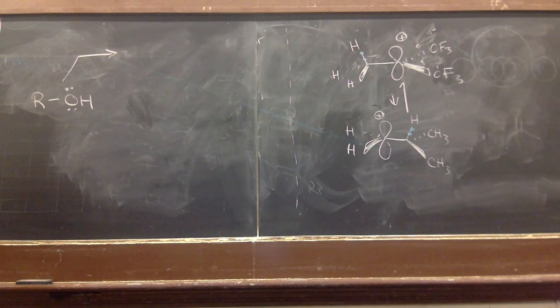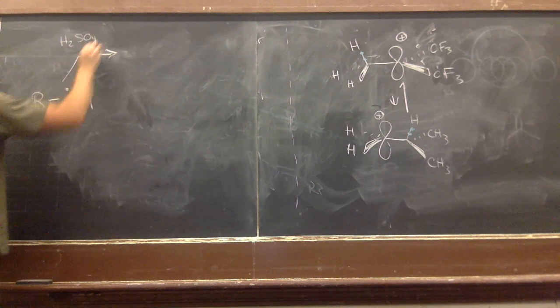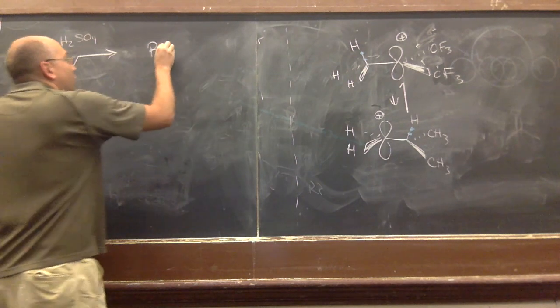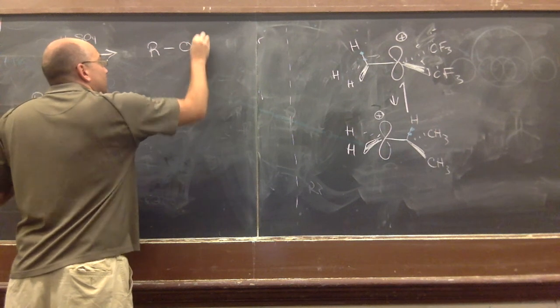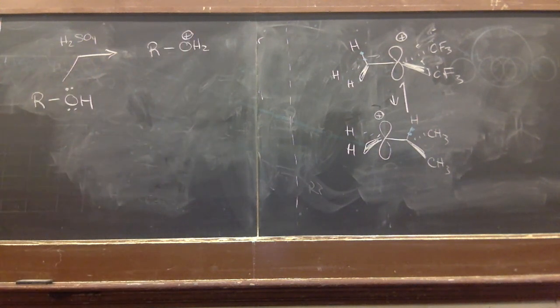But if you treat this with, say, something like sulfuric acid, H2SO4, you will begin to start protonating the alcohol. And once you protonate the alcohol, as we discussed yesterday, what then can happen?